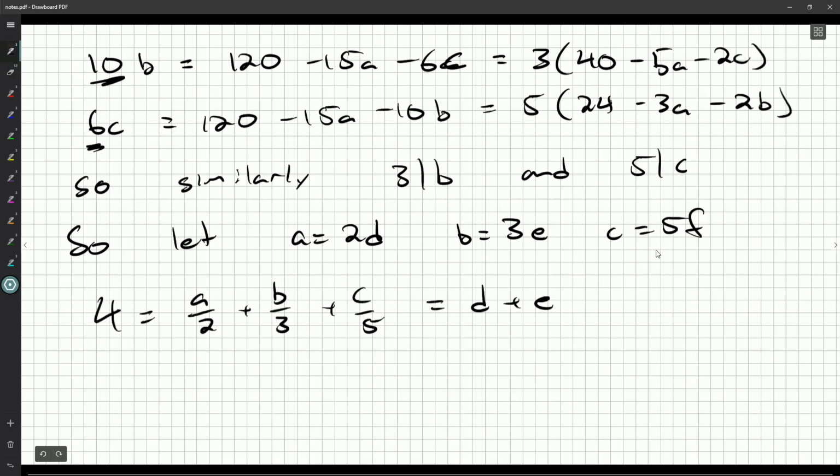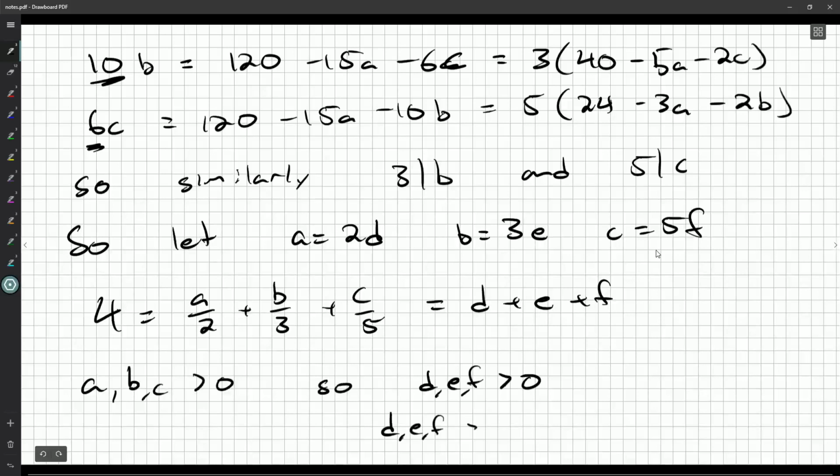And canceling things out, that's d plus e plus f. Now, all of them have to be greater than 0. a, b, and c, they are positive. And so dividing them by 2, 3, or 5, that tells me d, e, and f are positive. And so how many ways can I take 3 numbers that are at least 1 and add them up to be 4? One of them is going to have to be 2 and the others will have to be 1.